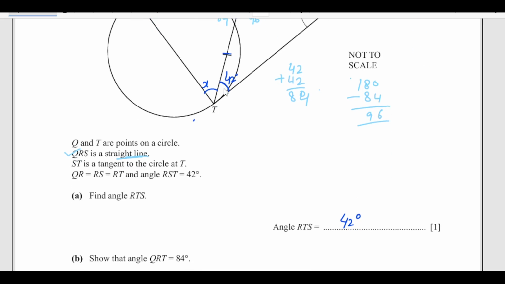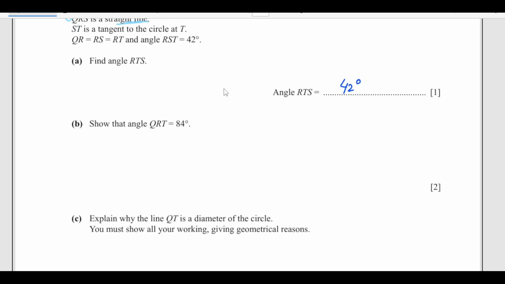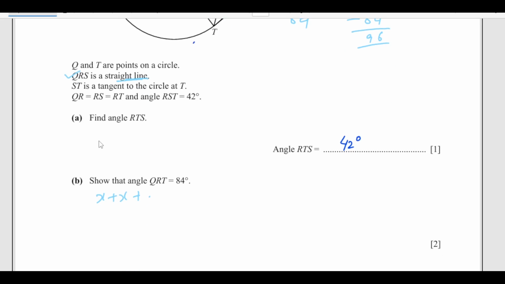So the sum of these angles is going to be x plus x plus x plus 84.